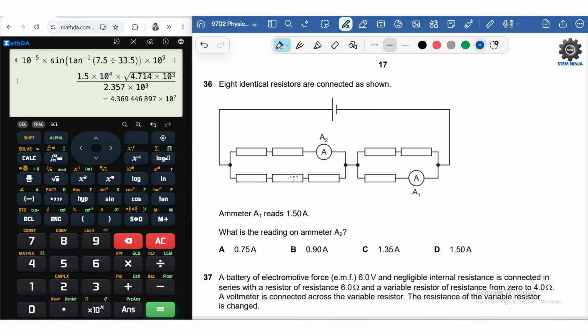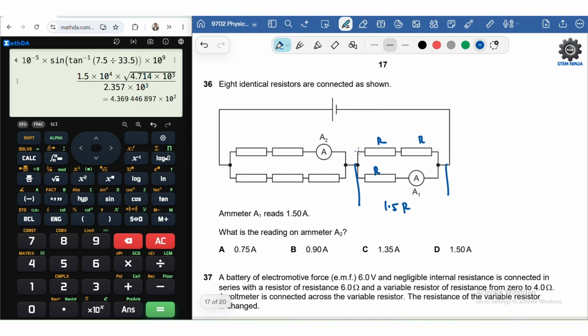So we need to figure out, this is 1.5 amps times R. So the potential difference across this is 1.5 times R. Let's say this is your resistance R, all of them have R. So 1.5 R.